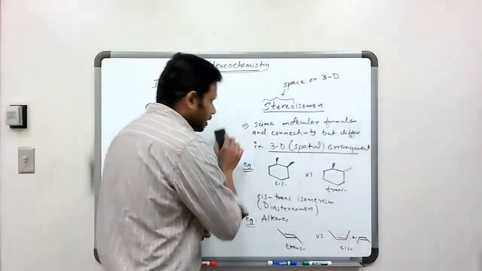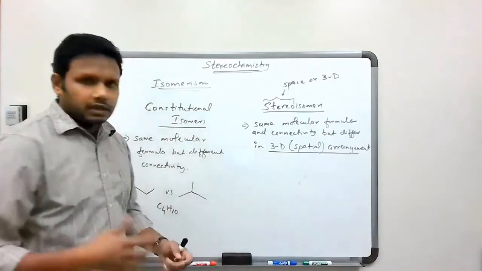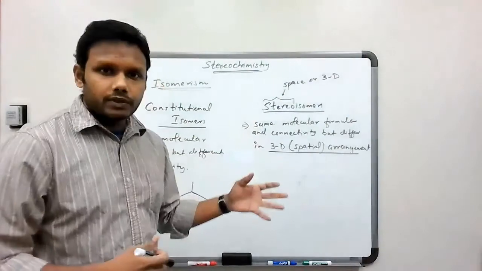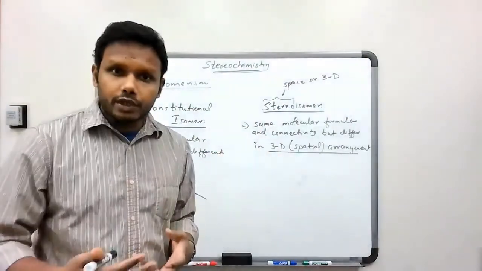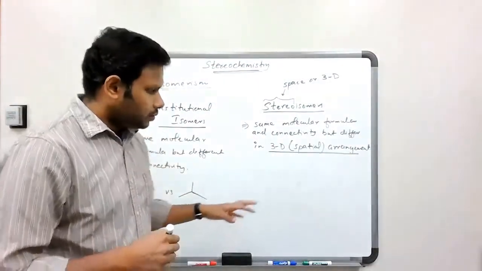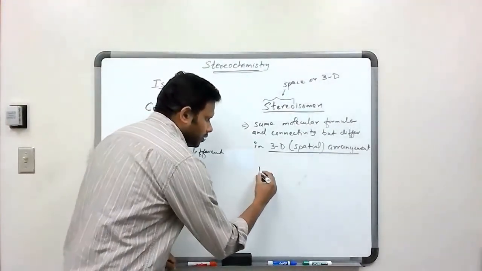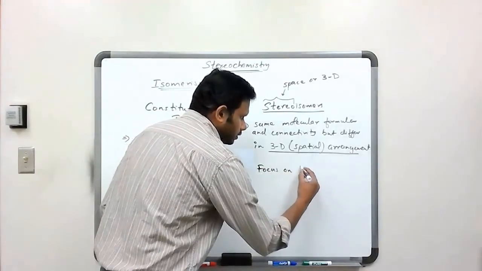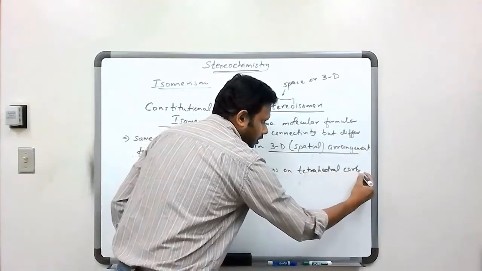Now, I also want to mention something. There are various classes of compounds that exhibit stereoisomerism. We will get to alkenes later, but for the purposes of this chapter, we will focus on tetrahedral carbons.